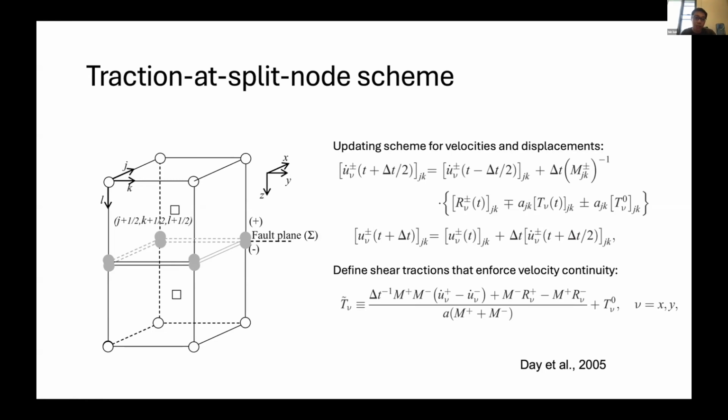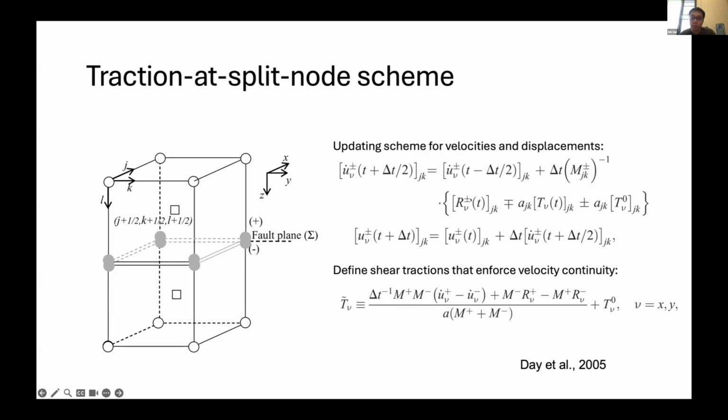So basically including almost everything. But rate and state friction only occurs on the fault, because we are talking about the friction only. So we will be looking at those split nodes, which describe the interacting fault.